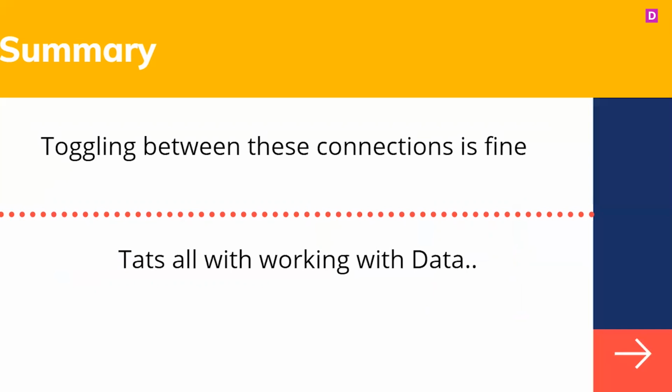When you are working with two data sources, you can toggle between your live and extract data connections so that your visualization becomes better. With that, we have come to the end, concluding how we can work with the data.